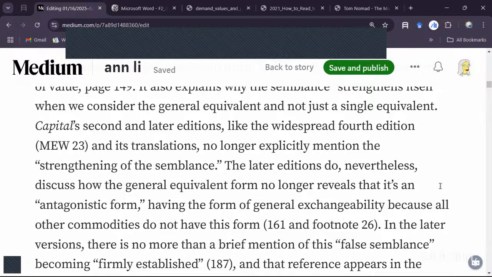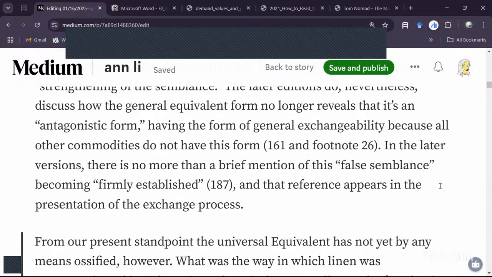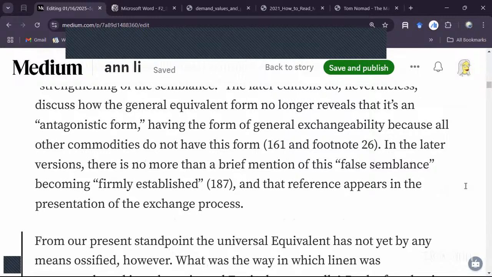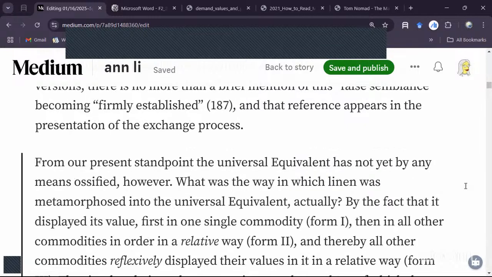In the later versions, there is no more than a brief mention of this, quote-unquote, false semblance becoming, quote-unquote, firmly established, and that reference appears in the presentation of the exchange process. From our present standpoint, the universal equivalent has not yet by any means ossified, however.